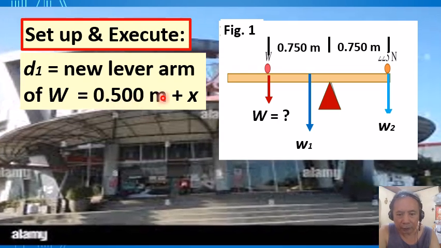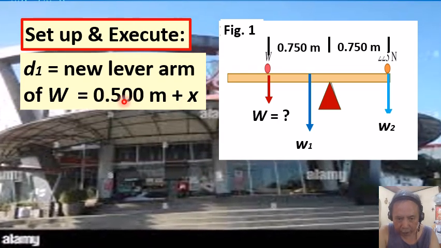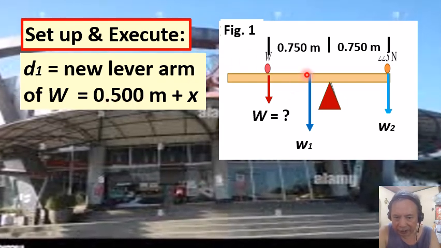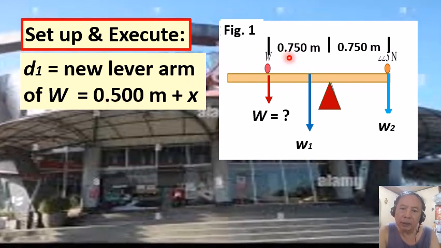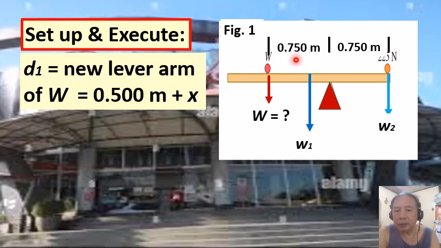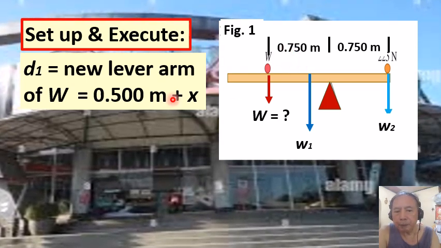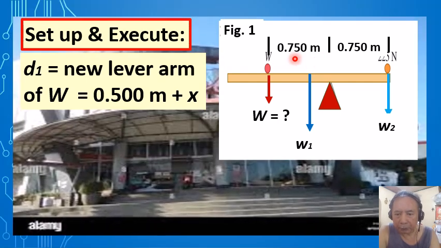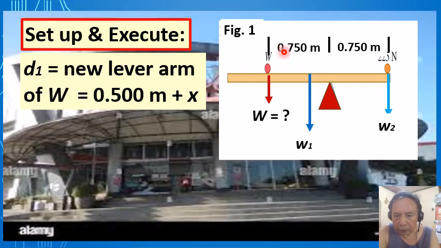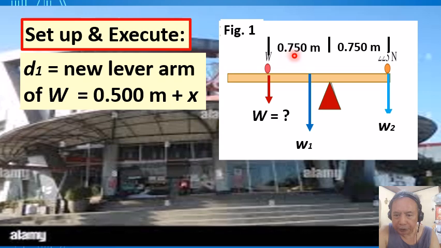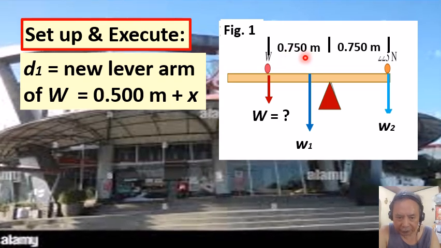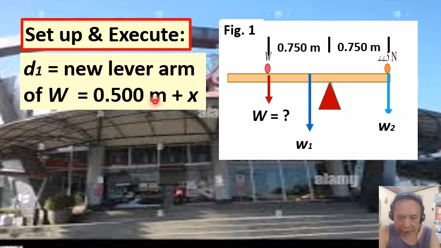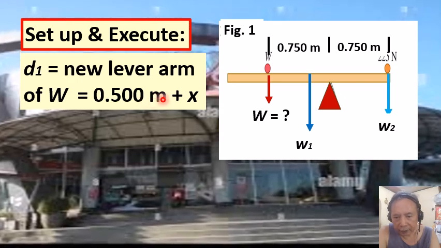0.500 meters plus x. How we got 0.500 meters is we just deduct 0.250 meters from 0.750 meters, and that's how we got 0.500 meters.